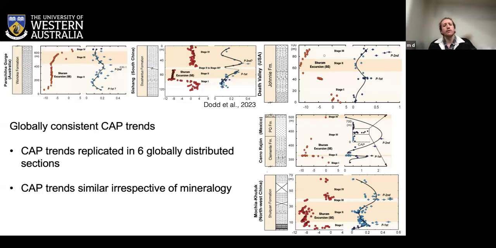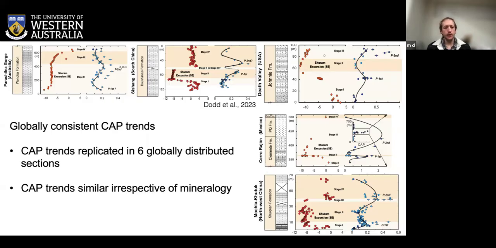But first, I wanted to point out that, as I said, we measured CAP in a number of sections across the world. We have a section from Australia, one from Death Valley in the US, one from Mexico, and then a further two from South China and Northwest China.